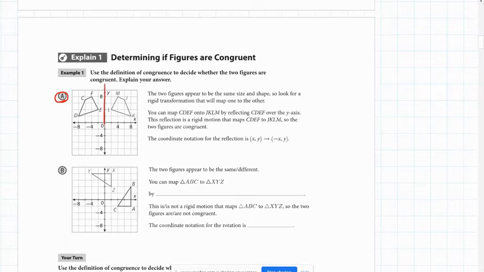The x-coordinate changes sign, but the y-coordinate stays the same. And so we can show that this reflection maps figure CDEF exactly onto JKLM. So we could say CDEF is congruent to JKLM because a reflection maps one to the other.